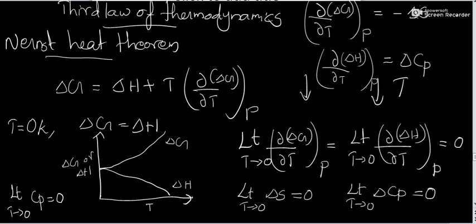That is, there is no disorder at all. This means that its entropy is 0 at 0 Kelvin. That is, at 0 Kelvin temperature, there is no disorder, which means entropy will be 0.